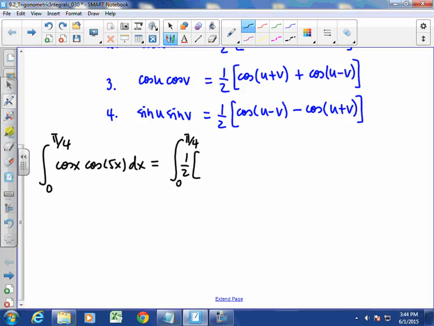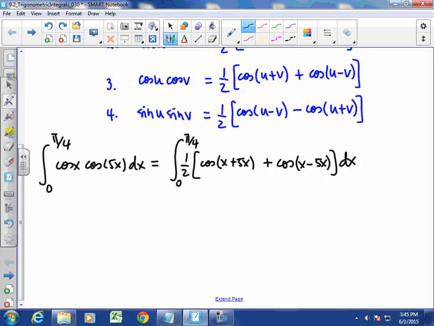Okay, number 3 here says that is cosine of u plus v. U is x, v is 5x. So x plus 5x, plus cosine of u minus v. U is x, v is 5x.